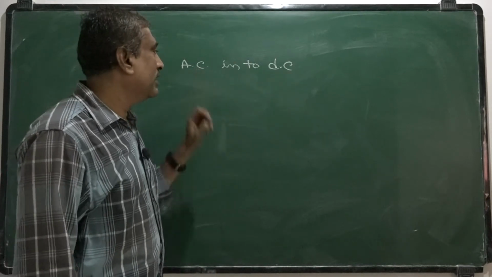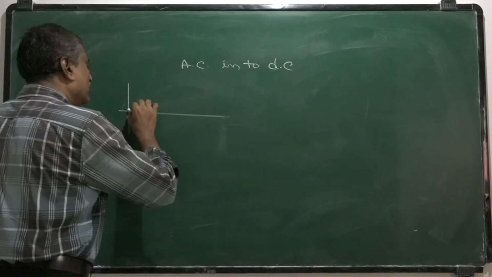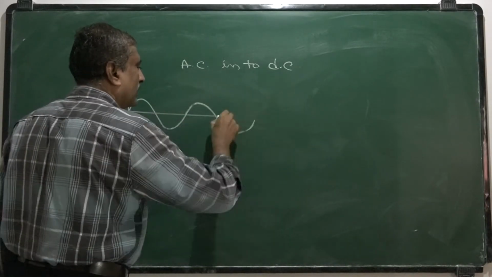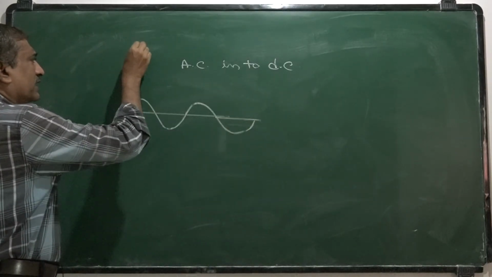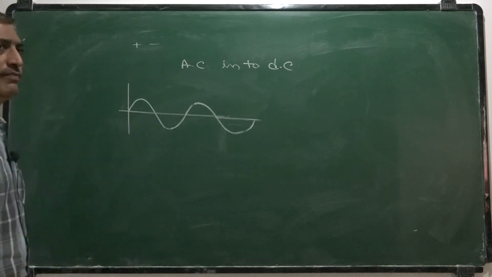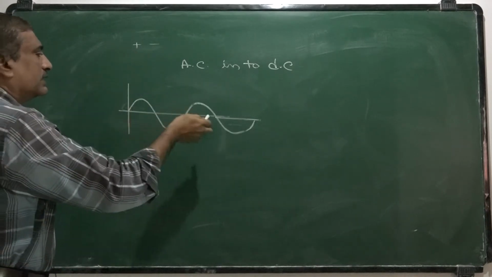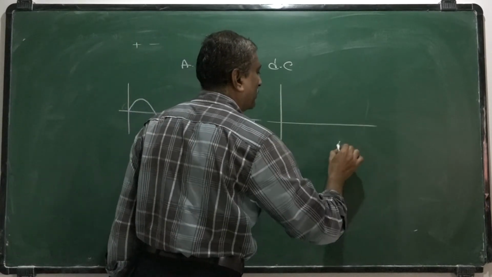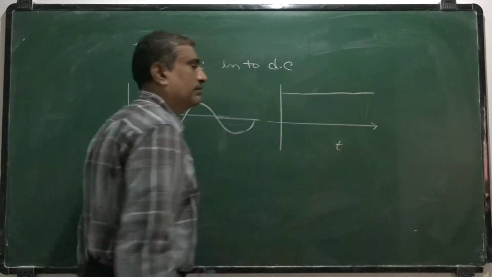As you know, alternating current has positive and negative half cycles. Usually we take it as sinusoidal like this. That means the polarity changes at regular intervals of time, positive, minus, whereas in DC, with respect to time, the voltage remains constant like this.